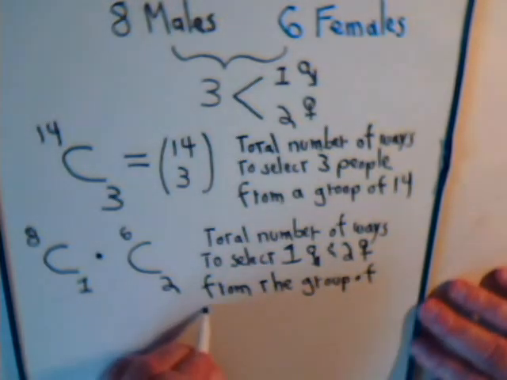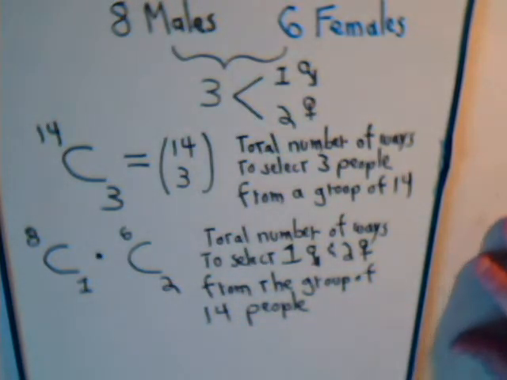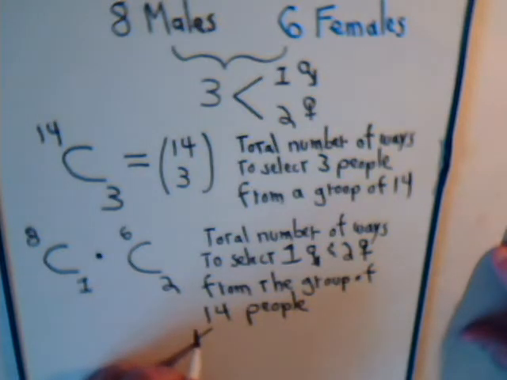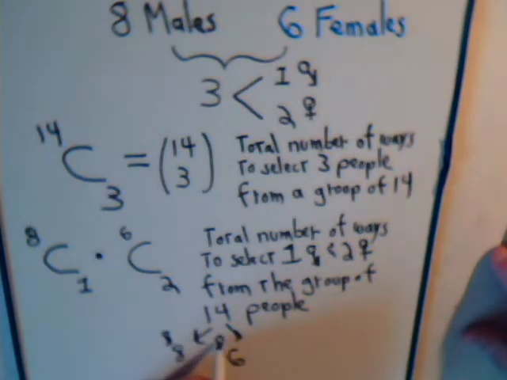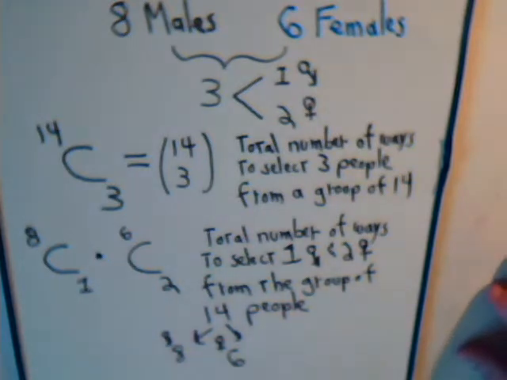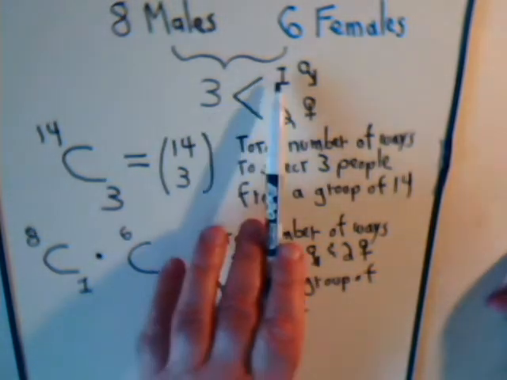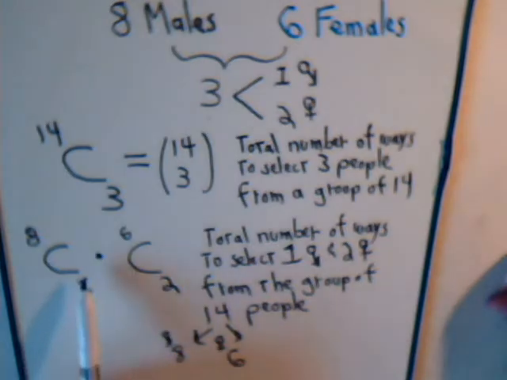From the group of 14 people. And again, in this group of 14 people, there are 8 males and 6 females. Multiplying these together tells us the total number of ways that we can select 3 people, where amongst these 3 people we have 1 male and 2 females.